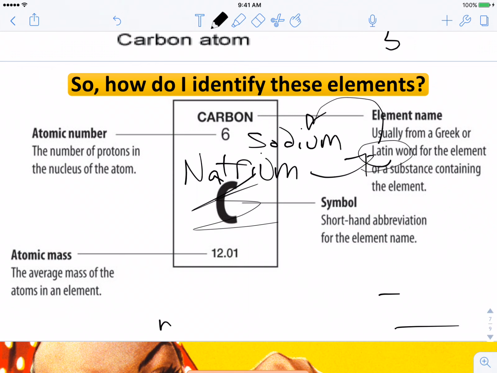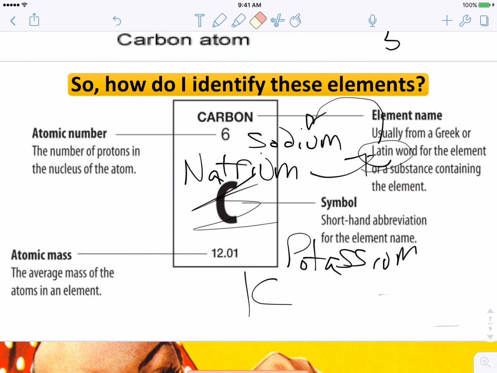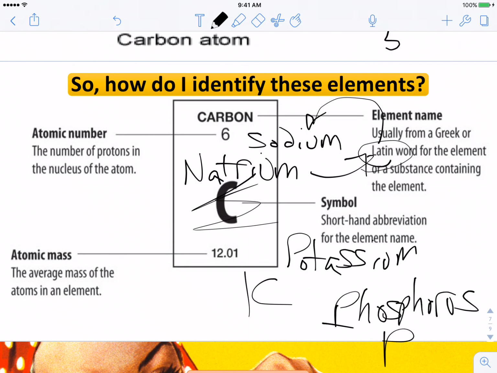So if you see a K for potassium, okay, that's right. You're just looking at the symbol, which they used the Latin beginning of the word for, to separate it from another element called phosphorus, which starts with a P, but we already used that P for that chemical symbol, so we had to come up with something new for potassium, so we used the K. Don't get caught up on it.